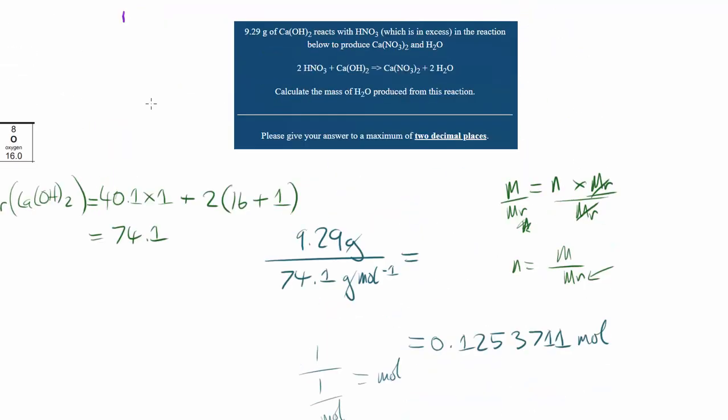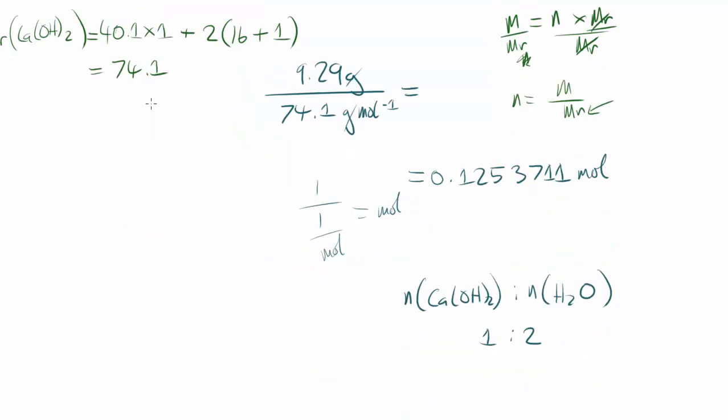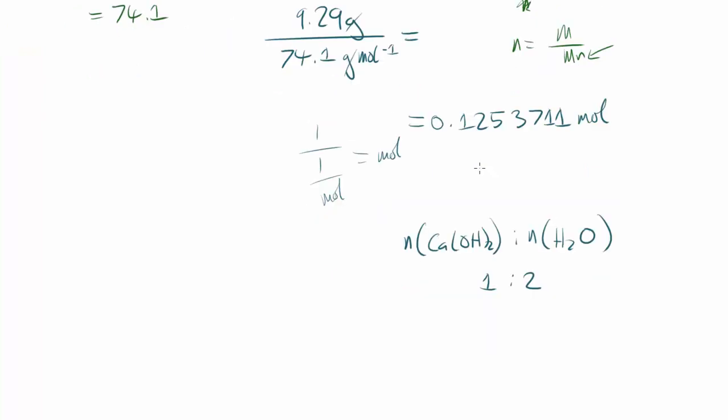So what we're going to do is simply multiply the moles of the Ca(OH)2 times 2 to work out what the moles of the H2O is going to be, right? Because the moles of the H2O must be double because of what the equation tells us.